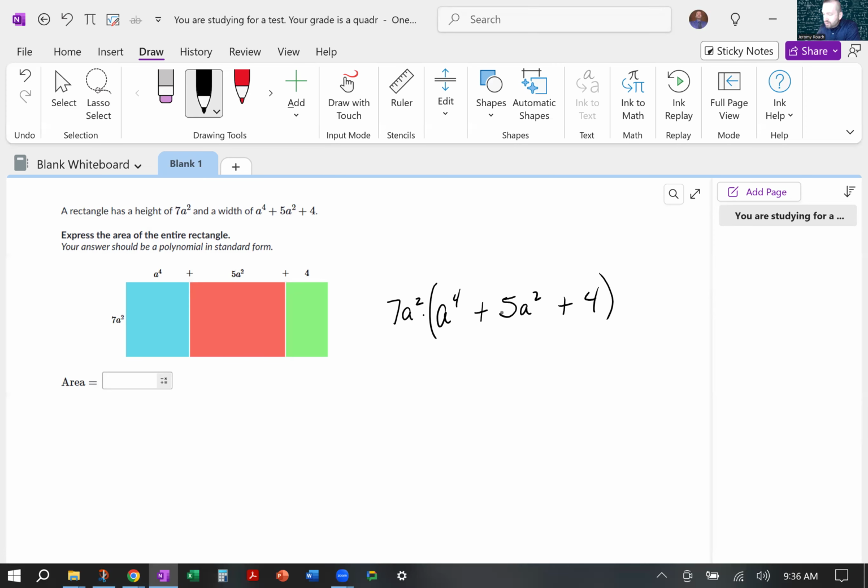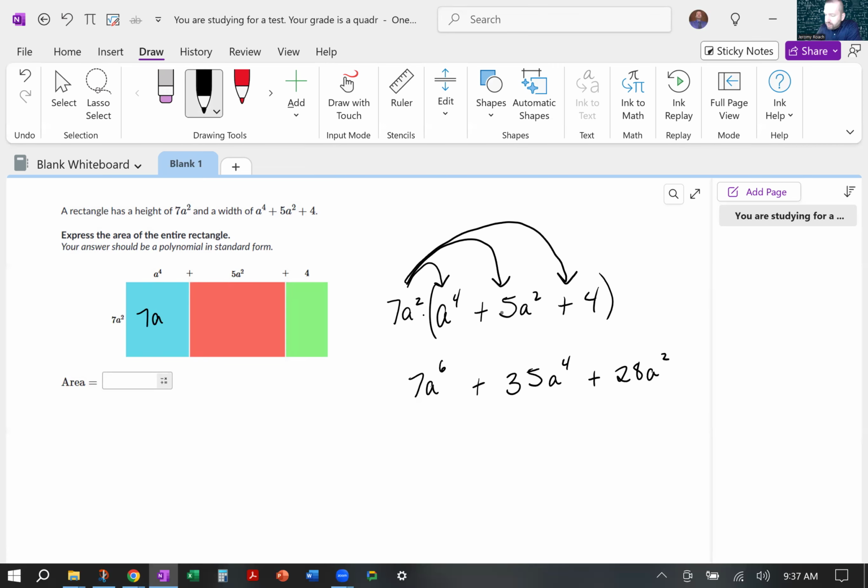So this is the same basic idea of multiplying all three of those out. So 7a squared times a to the fourth is 7a to the 6 plus, this would be 35a to the fourth plus 28a squared. And you can even write all these in here like this.